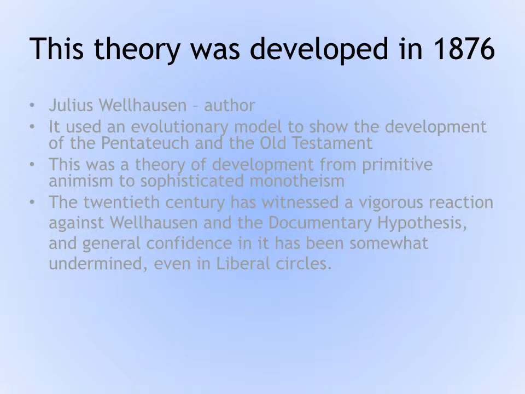He took that theory, and that theory was moved across all different disciplines. And we see this in literary criticism, we see it in higher criticism, and we see it in this source hypothesis or documentary hypothesis as well. It was a theory of development from primitive animism or polytheism to sophisticated monotheism.